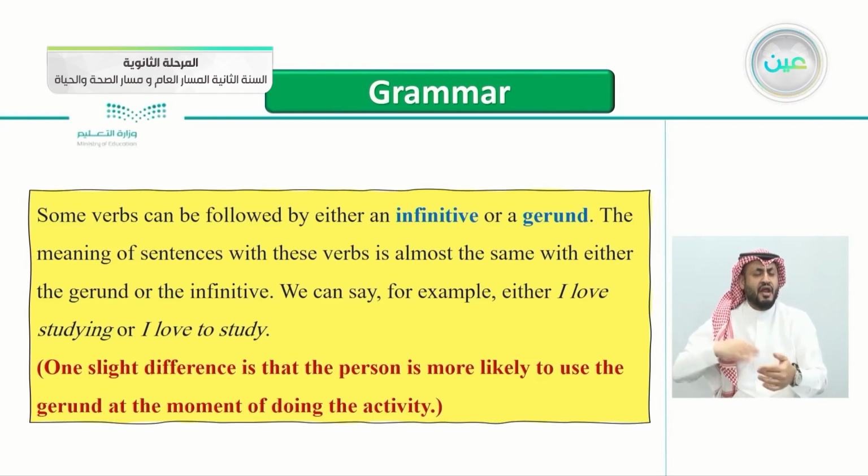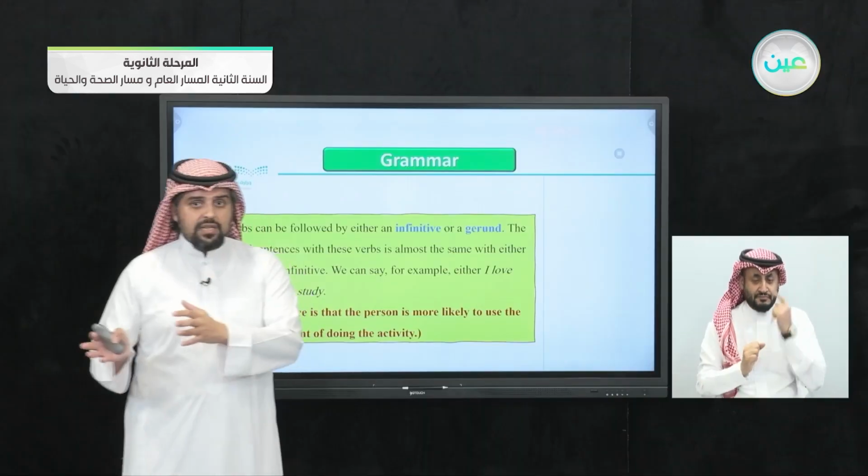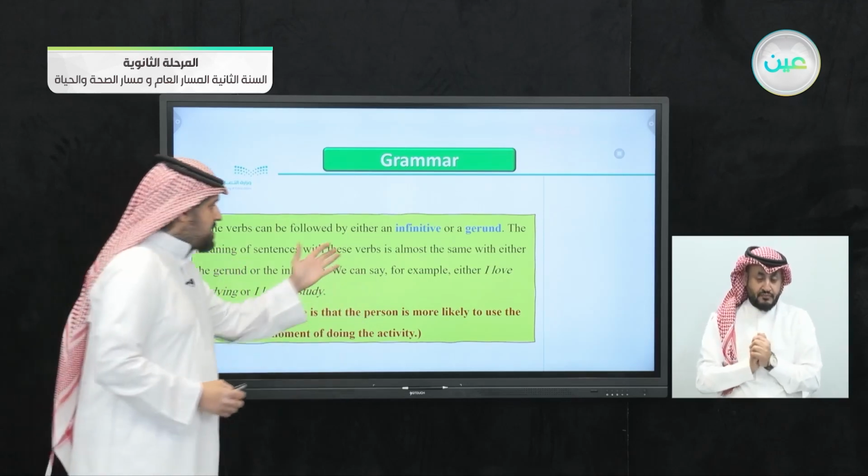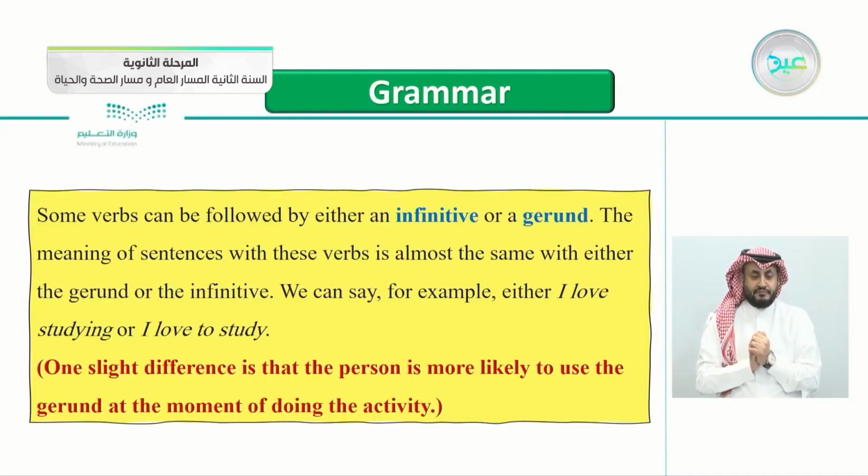So some verbs can come with the gerund or the infinitive, like love or hate. They are almost similar in meaning. One slight difference is that the person is more likely to use the gerund at the moment of doing the activity.